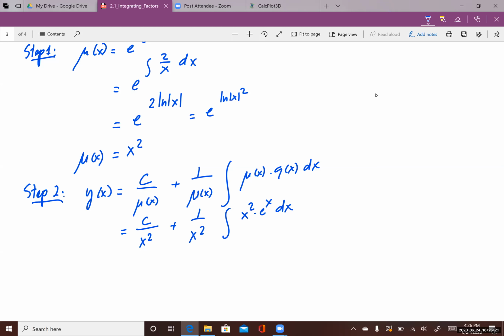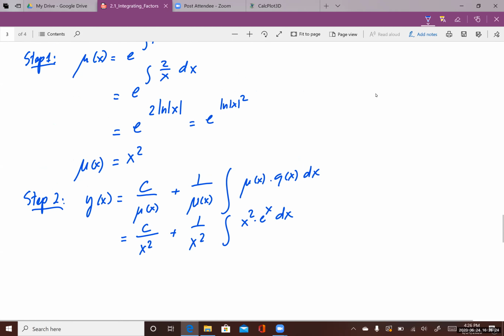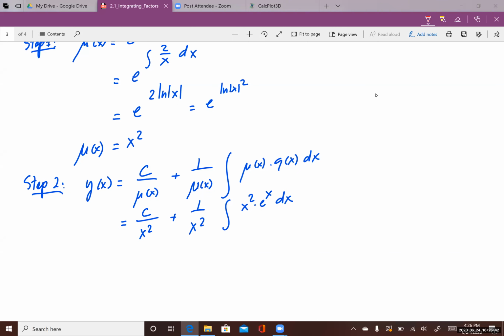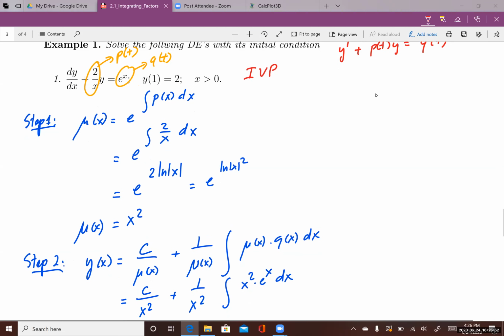All right, now our goal is to find this integral. In calculus 2, you can find this integral by integration by parts. Let's remind ourselves how to do this, as a small problem.